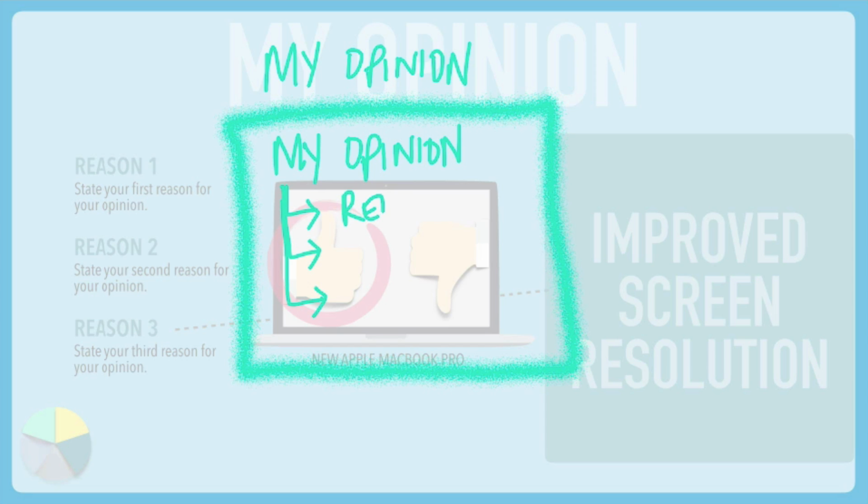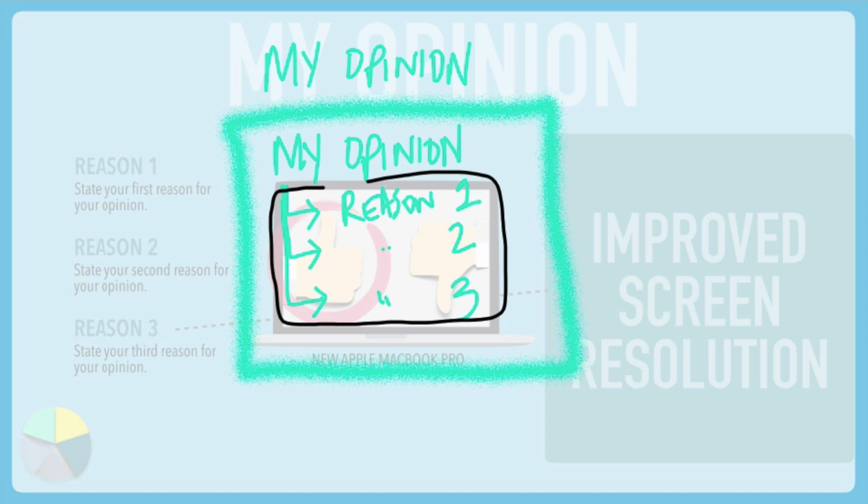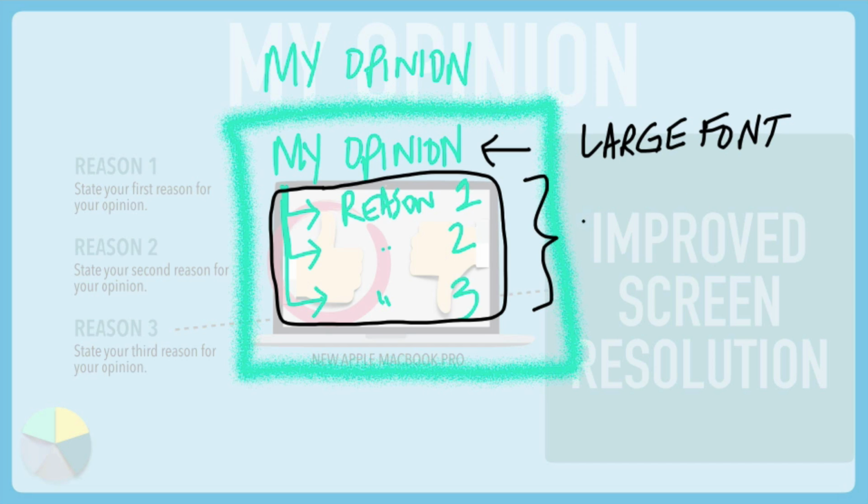So this will be reason 1, reason 2, and then reason 3. But the most important thing you need to remember is these need to be grouped together on the screen. And this right here needs to be in a large font, so that those watching your presentation know exactly what your opinion is. And this section right here needs to be in a medium-sized font.